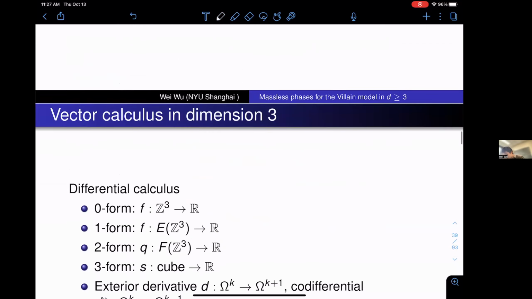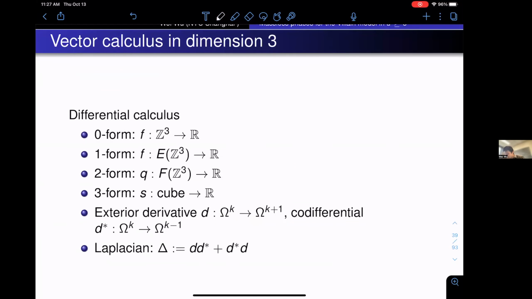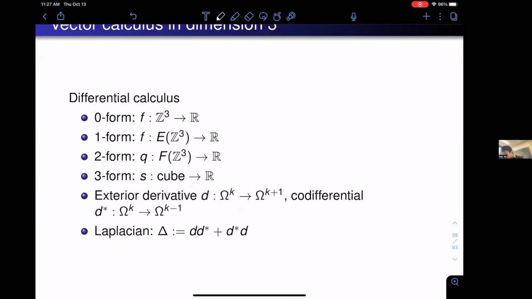Okay, how do we do that? So we are in dimension 3 and higher, so we have to work with differential forms. I'm not going to go into much detail about that, but you can see that there are functions defined on sites, on edges, or on faces. In particular, the vortices we're talking about are all defined on the faces.